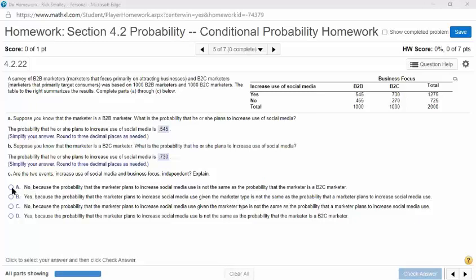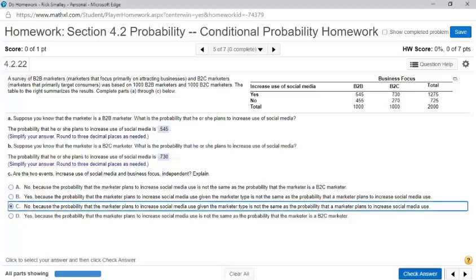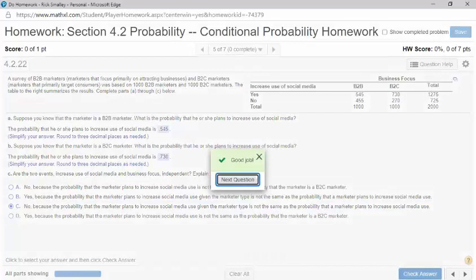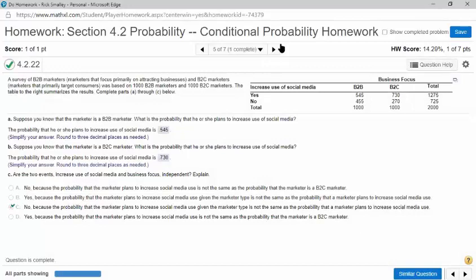Let's try A. No, I think C. Okay. Yeah, they're not the same probabilities, so that makes them not independent. All right, so we're going to stop there.